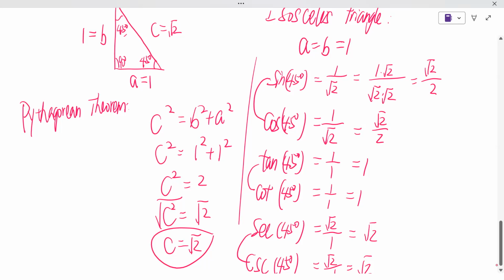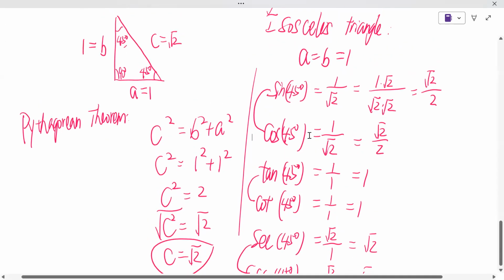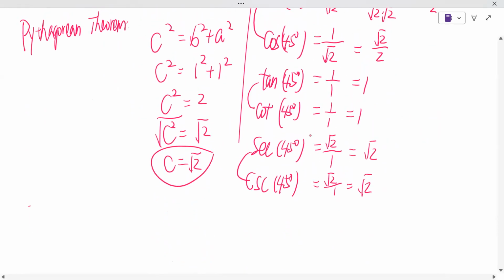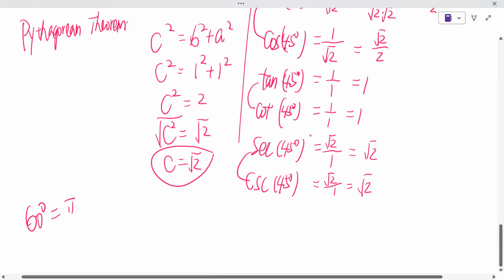All right, next we're going to take a look at some examples. So I'll just show you how, and then we know that 60 degrees equals pi over 3, right?